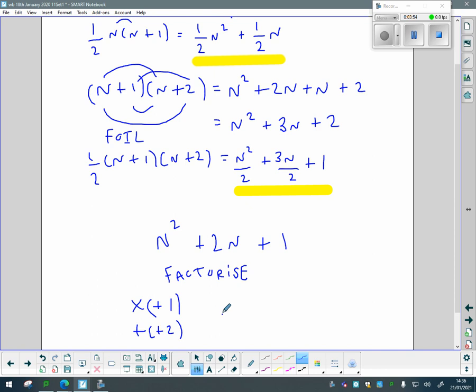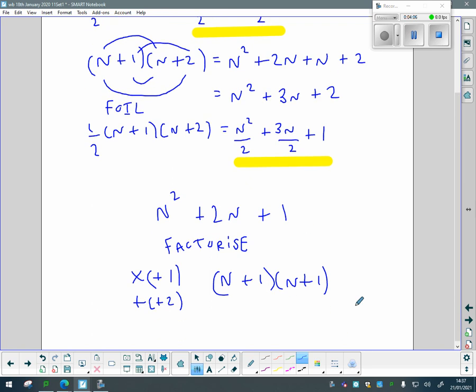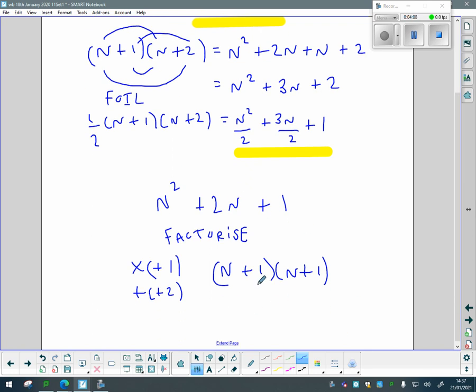Well, you may realise that your brackets must be n plus 1 times by n plus 1. Because if you expand n plus 1 times n plus 1, you get n squared plus 2n plus 1. And the reason I've recognised it is 1 and 1 times 1, and they add for 2. That mantra that I was just describing.